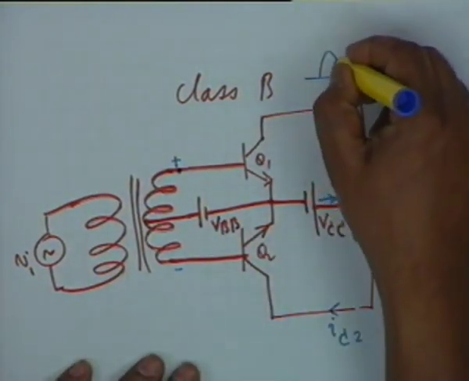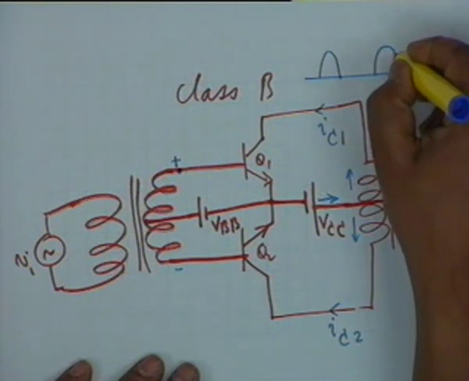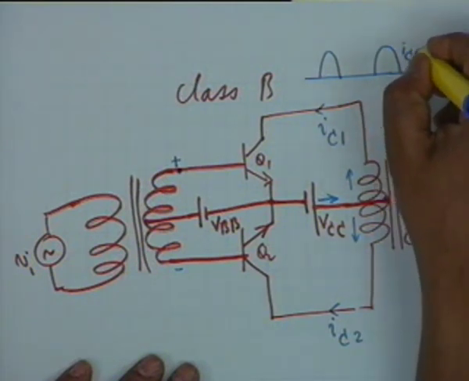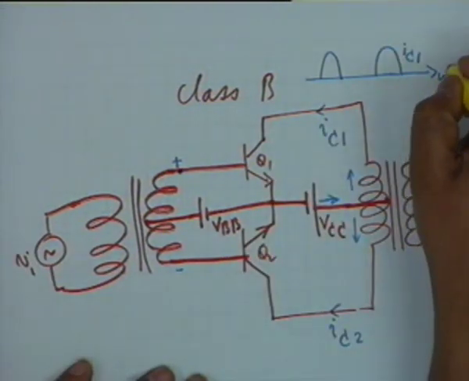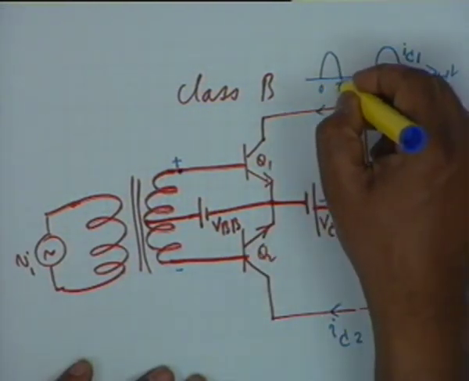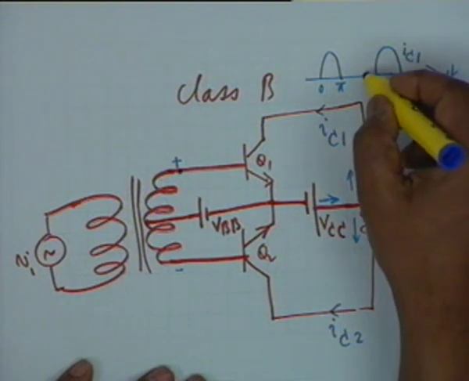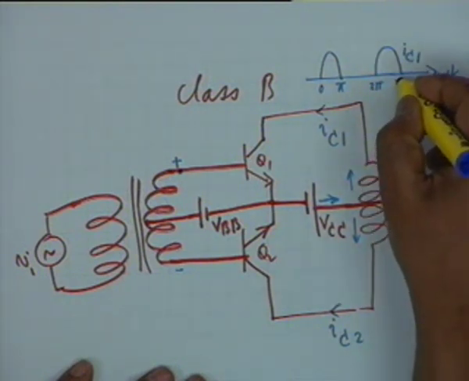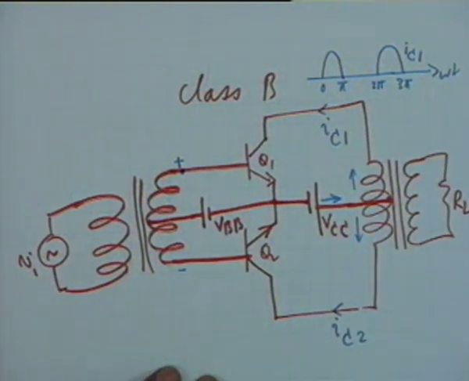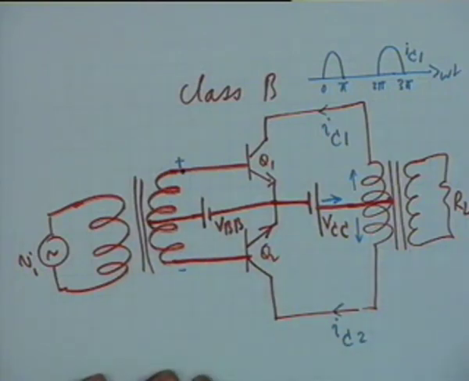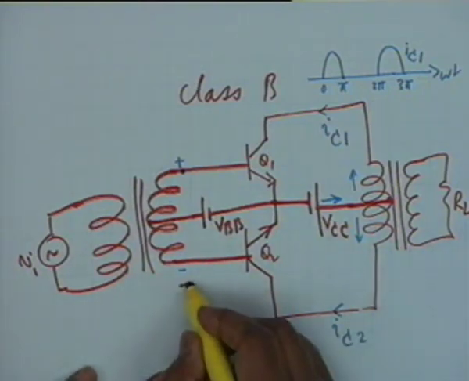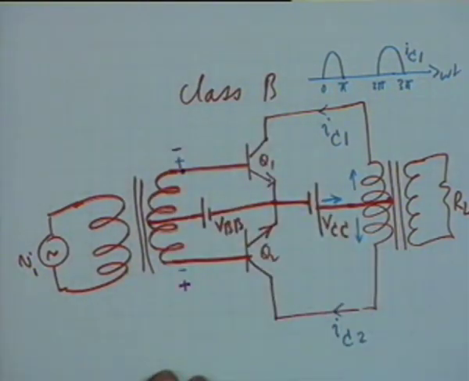Therefore, if you plot I sub C1, it would be pulses like this, half cycles. If you plot versus omega t: 0, pi, 2 pi, then 3 pi, and so on. Now, when the polarities are reversed, that is, the lower point becomes positive with respect to the upper point, the opposite thing happens.